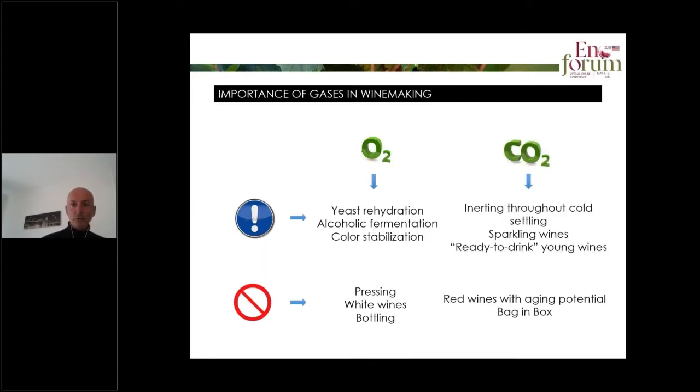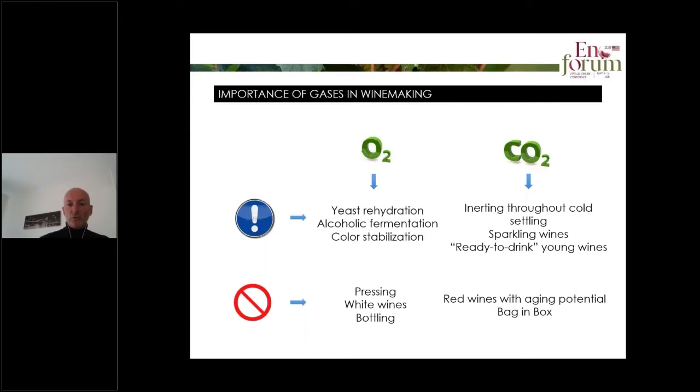About CO2, we use CO2 for inerting, for example, in the step of cold settling. It is extremely important, of course, in sparkling wines, because it forms the bubbles, and it is also important in ready-to-drink young wines, giving some freshness.